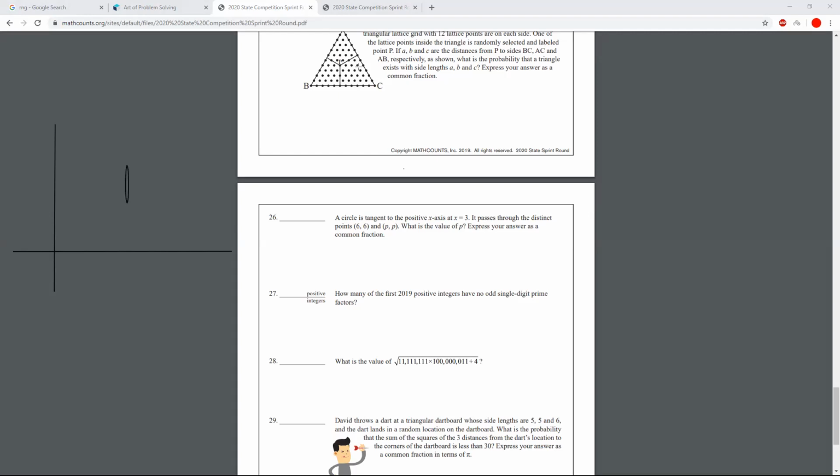Wait, I'm so bad at using this. All right. So they're telling us that it's tangent to the positive x-axis at x equals 3. So it's telling us that this distance is 3, x equals 3.